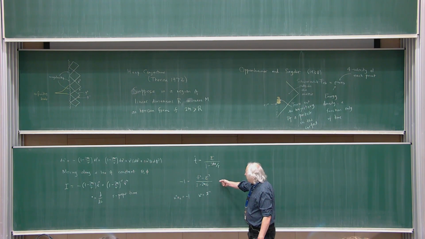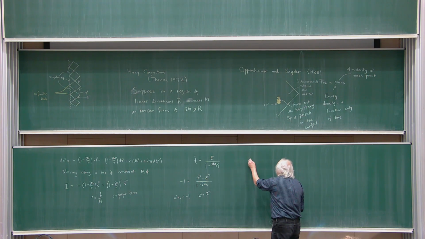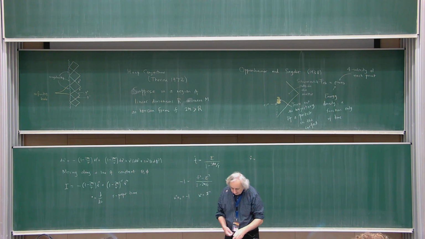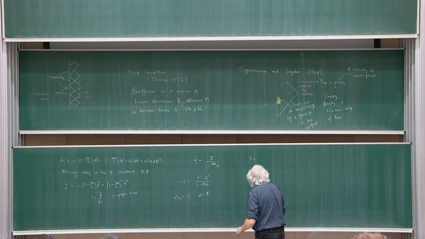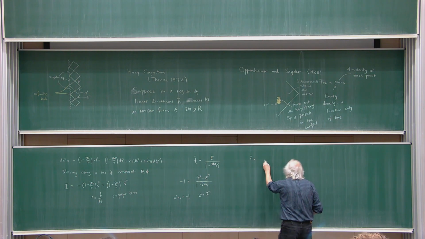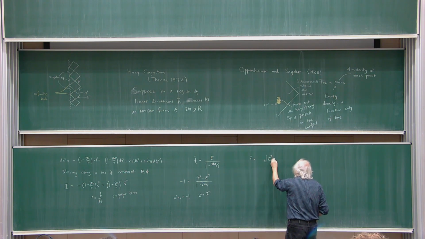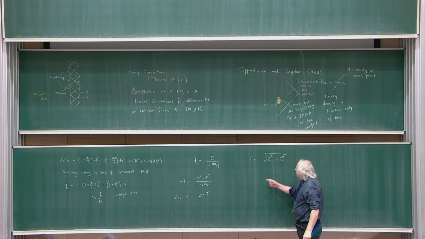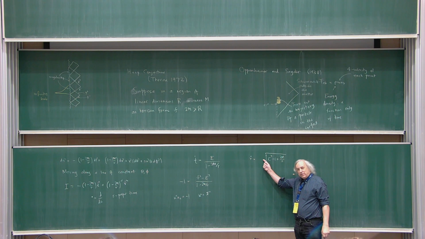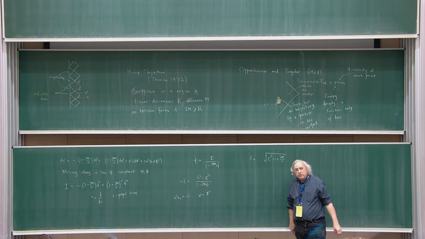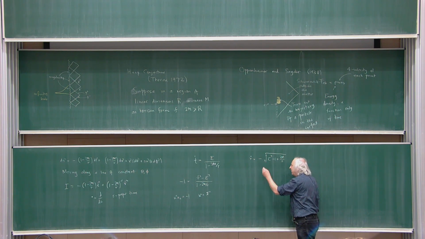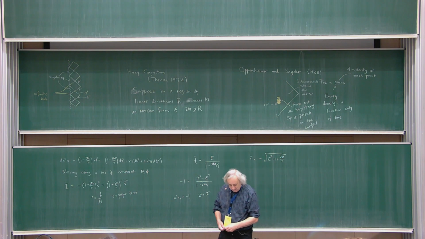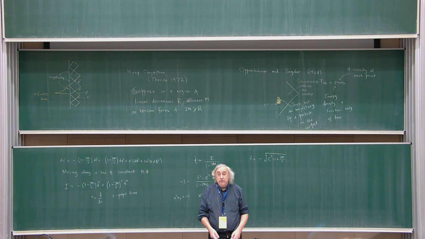So you need to integrate this up. r dot is equal to the square root of E squared minus 1 plus 2m over r. There's, of course, an ambiguity when you take the square root. This thing is supposed to be going inwards, so there is a minus sign here. Now what you have to do is to just integrate it.